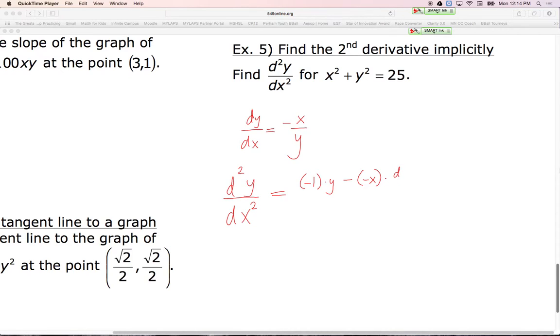Don't forget the dy dx. And some people are like, do I have to put the 1? No, you do not have to put the 1 anymore. It's up to you. I always do, usually, but in this case I won't. And then over y squared. Don't forget over y squared. I can clean it up a little bit, just for good measure. We'll have negative y plus x dy dx, okay, over y squared.